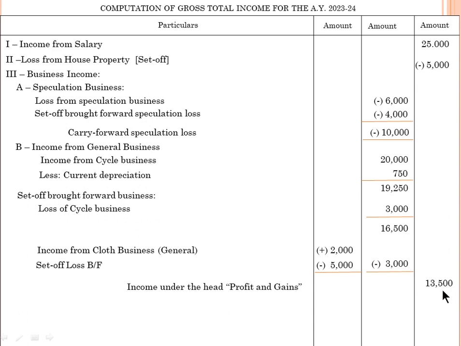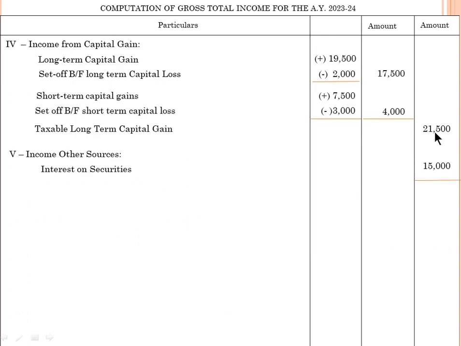Income from business 13,500. Capital gain 21,500, and income from other sources 15,000. Altogether the total is 70,000 rupees. This is the gross total income.